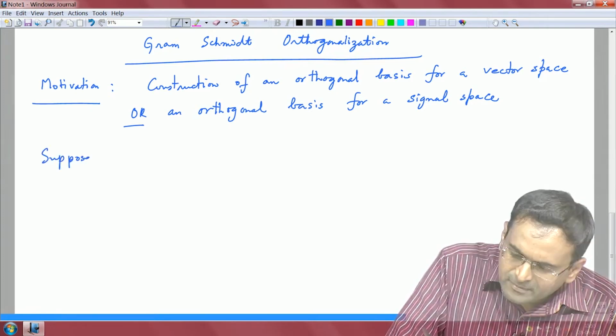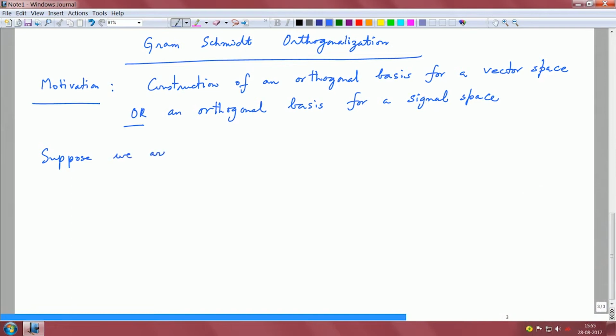So, let us suppose we are given vectors x1, x2, up to xn. Here is a procedure we could start with towards getting an orthogonal basis for V. Let us start with this vector.